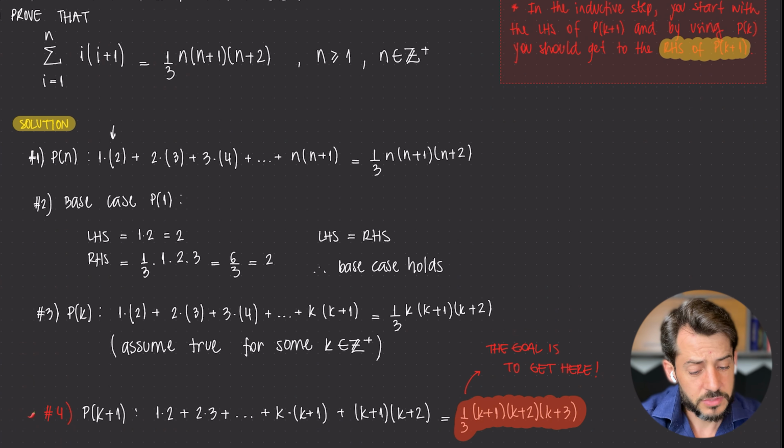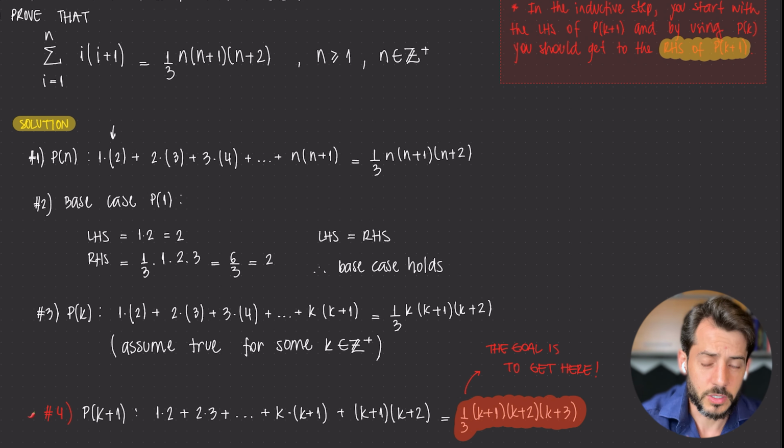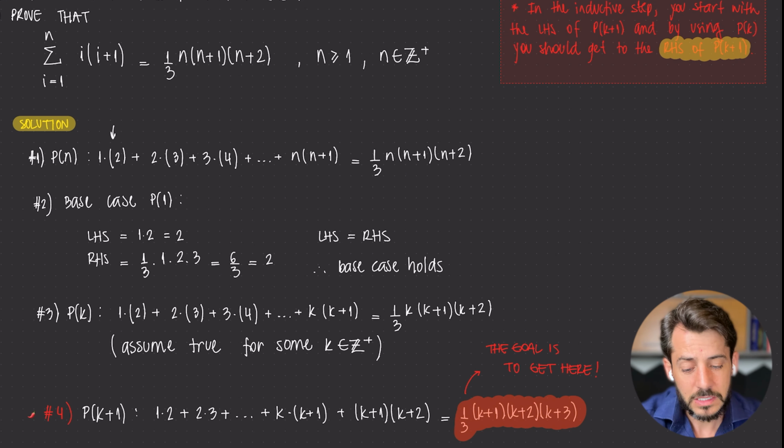Let me write that down. So again, in the inductive step, you start with the left-hand side of P(k+1), and by replacing P(k), you should get to the right-hand side of P(k+1), which is your goal. Now, this is the simple recipe to get the fourth step of an induction proof with series correctly.